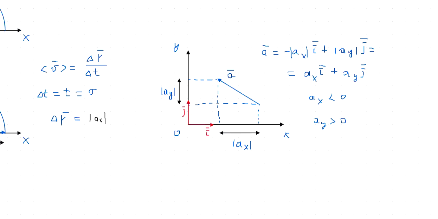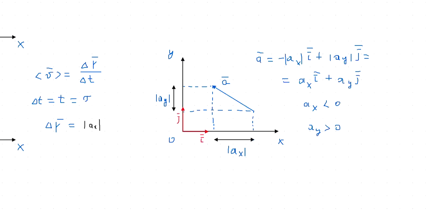These vectors define directions of the coordinate axes, and modulus of i is equal to modulus of j, and this is equal to 1.